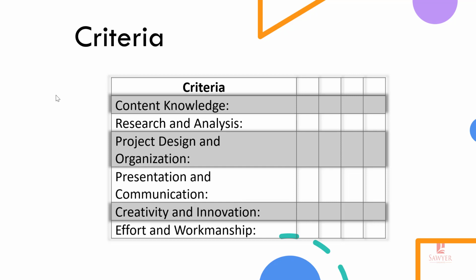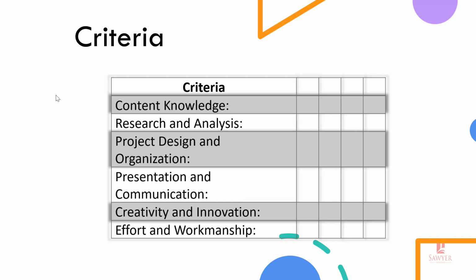It's only 6. So you can have 6 if you want to, or you can take one of these out if you want to. Maybe you might take effort and workmanship out if you wanted to, because the other ones I don't think you'd want to remove. Maybe content knowledge you could remove, but again, it's okay to have 6.